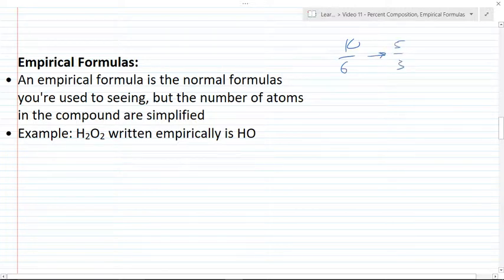And that's the idea of empirical formulas, is that we're essentially just reducing our subscripts.